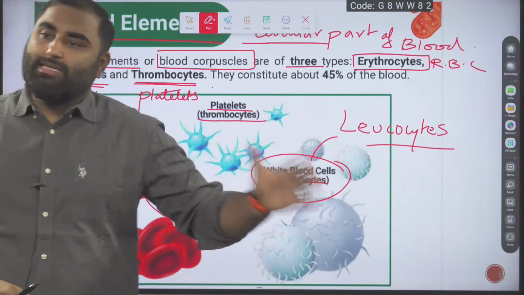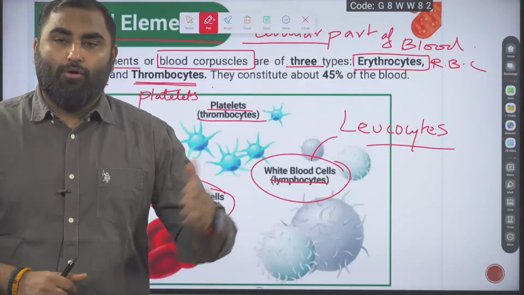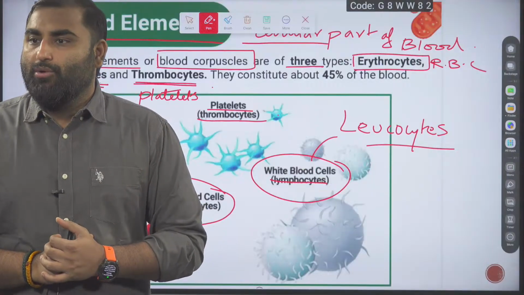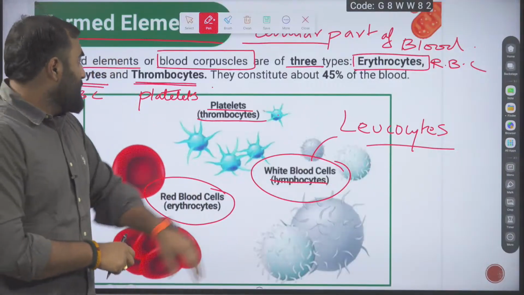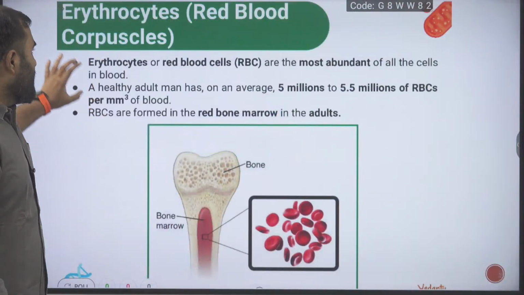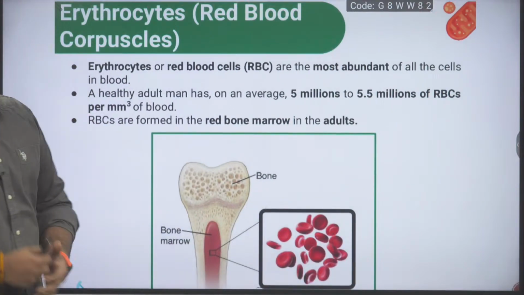One by one, we will see the importance of all these three types of cells and what functions they perform. Let us first talk about RBC.